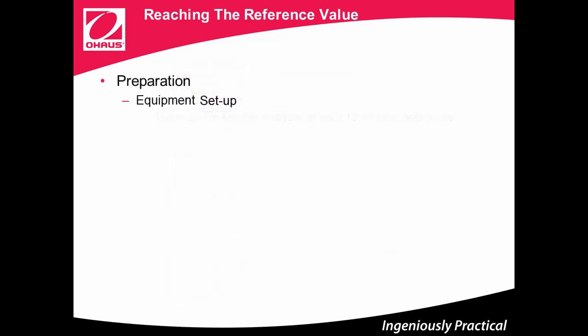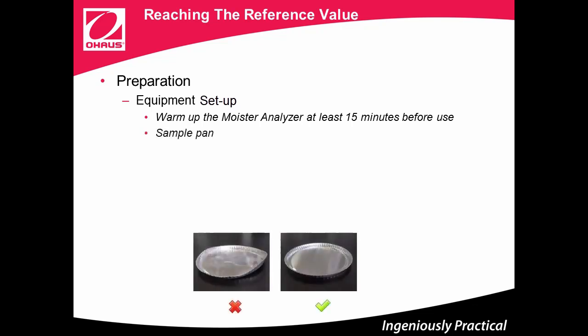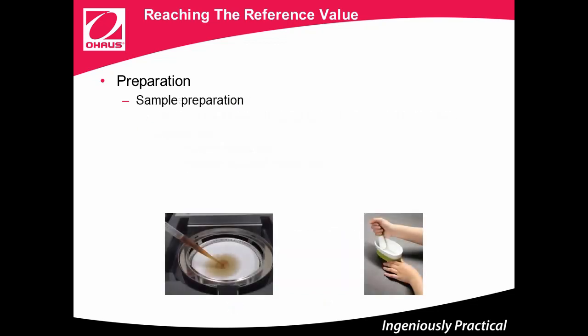Preparation, equipment setup. Warm up the moisture analyzer for at least 15 minutes before using it. Before putting the sample in the pan, make sure that you're using a clean sample pan and the pan is not deformed. The sample and sample preparation have great influence on the measurement results.